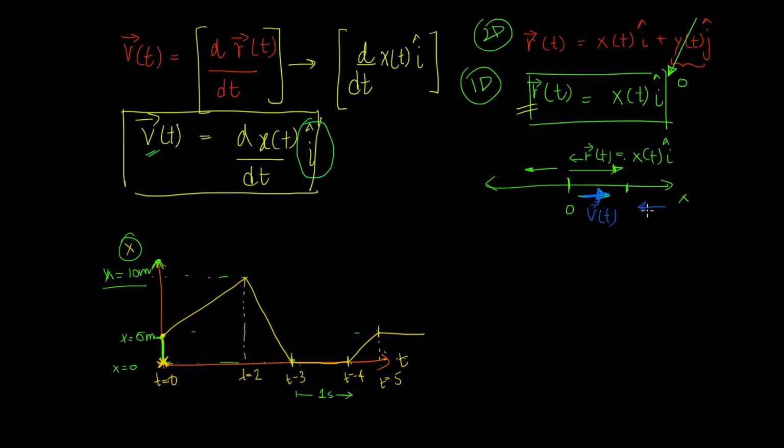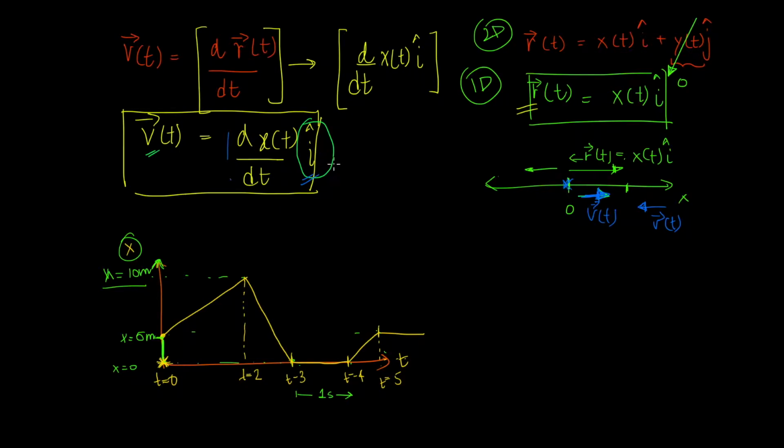It could also point back there at some other point of time, because they will always point in either plus x or minus x direction. That's because this is just a constant, but the direction is specified by this i cap. So the velocities always come out to be either towards the origin or away from the origin, origin being this central point here, or basically in the x direction, plus or minus.